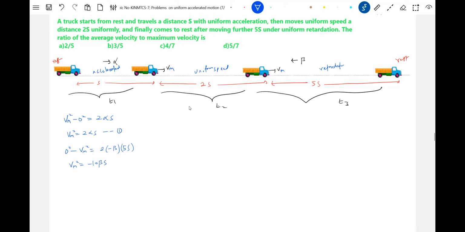Call this equation 2. We'll get a relationship between alpha and beta. Equating 1 and 2, 2 alpha s equals 10 beta s, or alpha equals 5 beta.